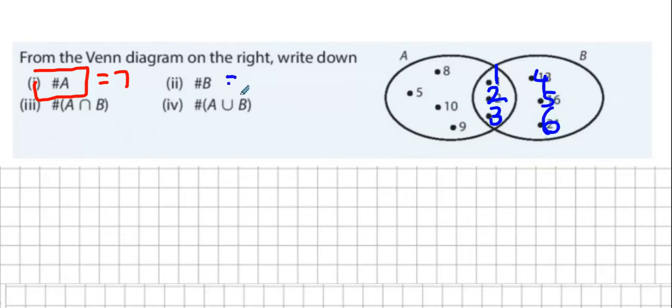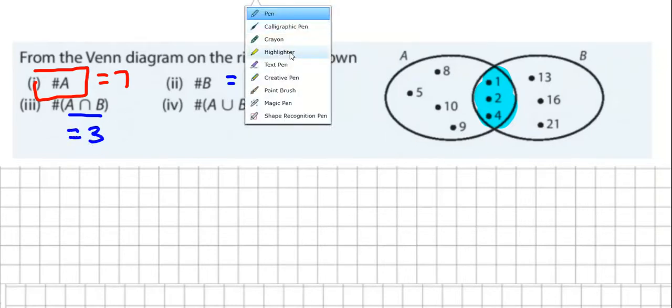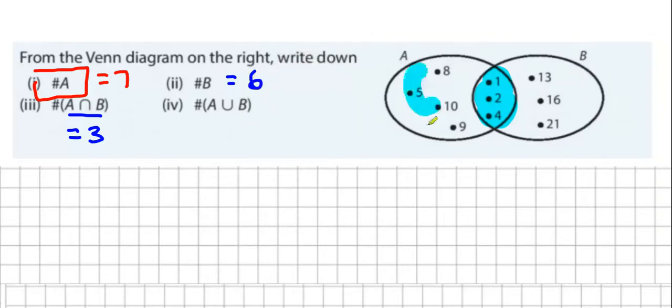Anybody get hashtag B is 6? Okay. A intersection B. That's the middle. How many numbers are in the middle? 3. Hashtag A intersection B is 3. And finally, hashtag A union B is the full thing. How many numbers in the whole thing? 10.